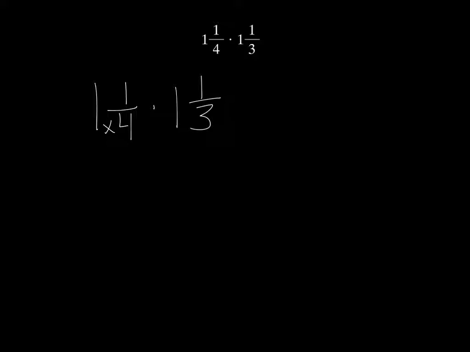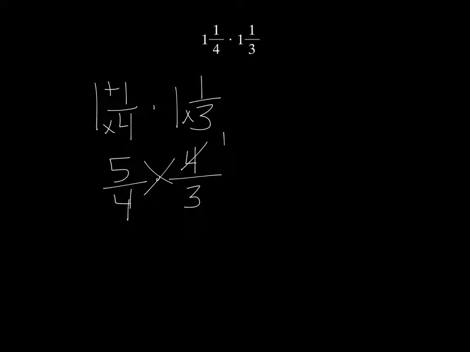4 times 1 is 4, plus 1 more is 5/4. Bottom denominator stays the same. 3 times 1 is 3, plus 1 more is 4. Denominator stays the same. Now I'm looking diagonally. Is there anything I can simplify? Yep, 4 divided by 4 divided by 4.